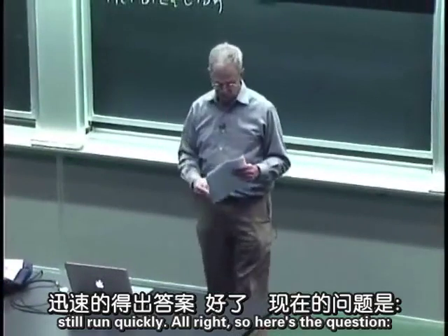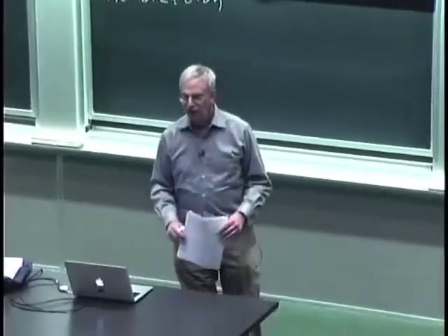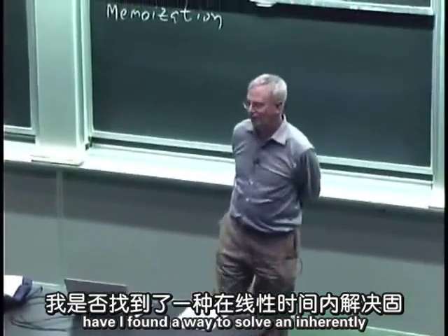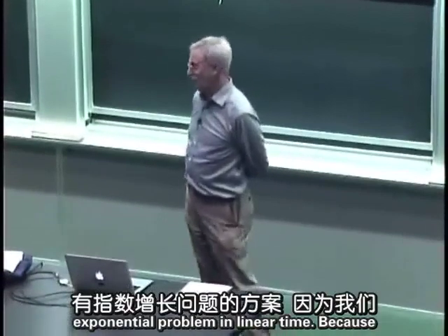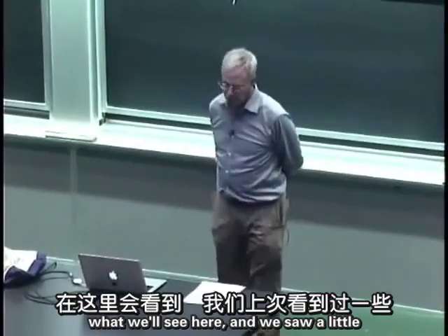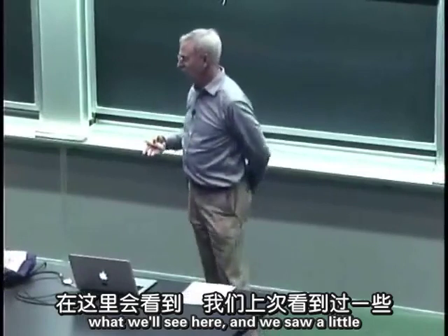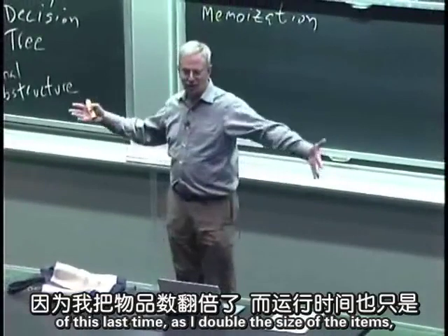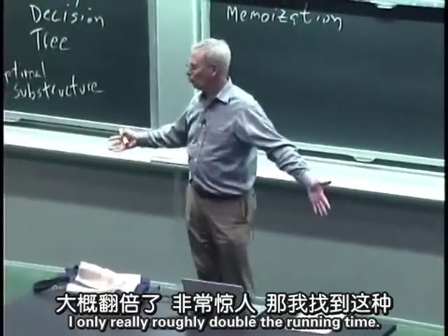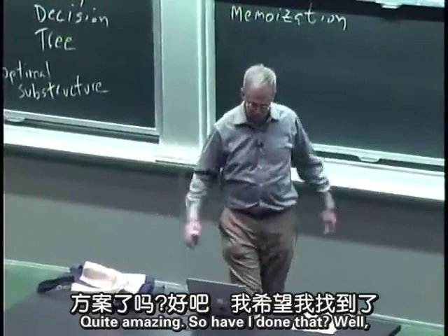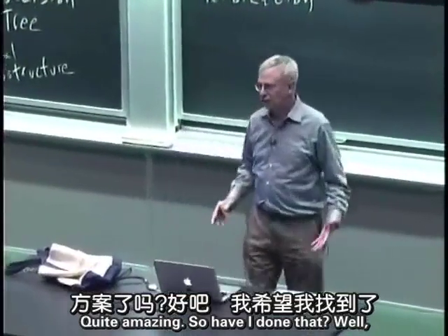So here's the question. Have I found a way to solve an inherently exponential problem in linear time? Because what we'll see here, and we saw a little of this last time, as I double the size of the items, I only really roughly double the running time. Quite amazing. So have I done that?